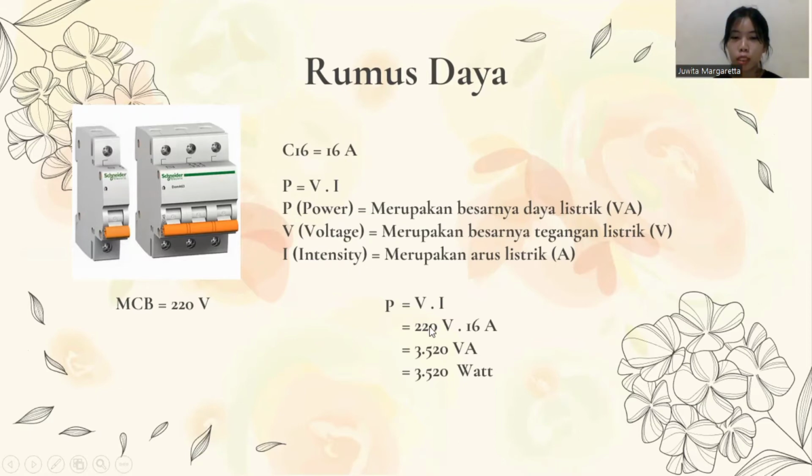So we input the values of V and I. The value of V is 220 volts and the value of I is 16 amperes. So the total is 3520 ampere-volts, which means 3520 watts.